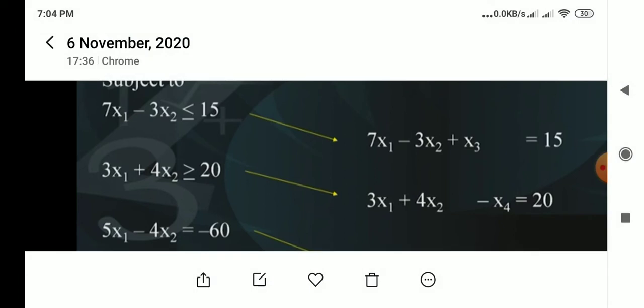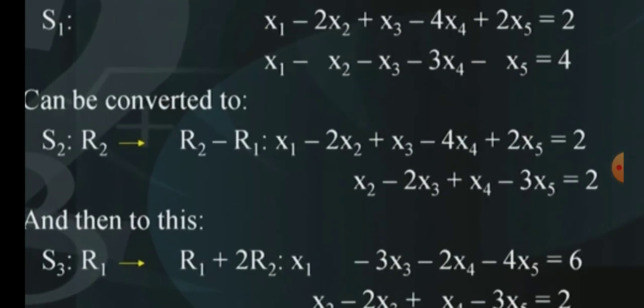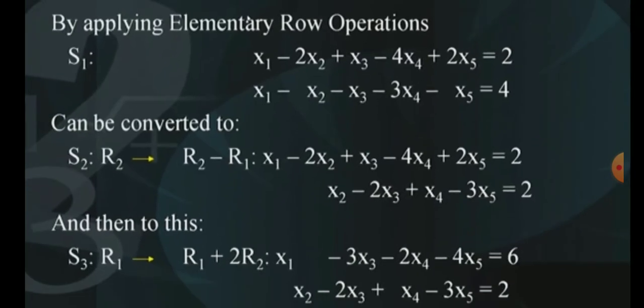Now take any two equations. The equations are x1 minus 2x2 plus x3 minus x4 plus 2x5 equal to 2, and another equation, x1 minus 2x2 minus x3 minus 3x4 minus x5 equal to 4.